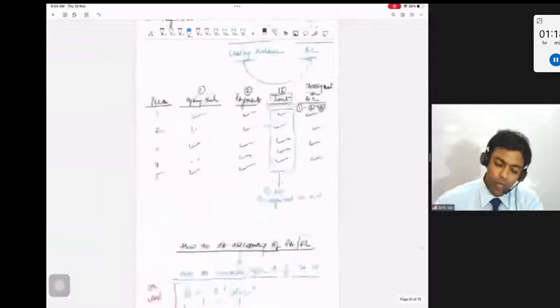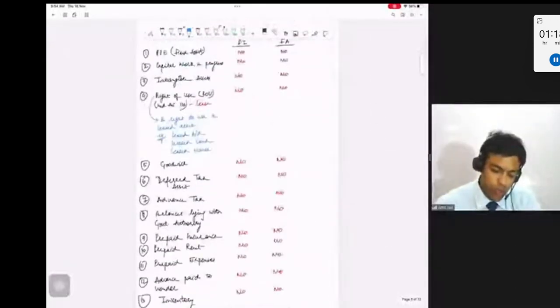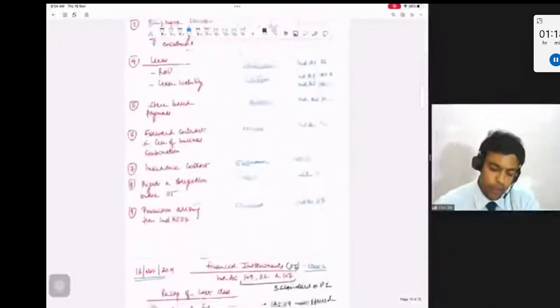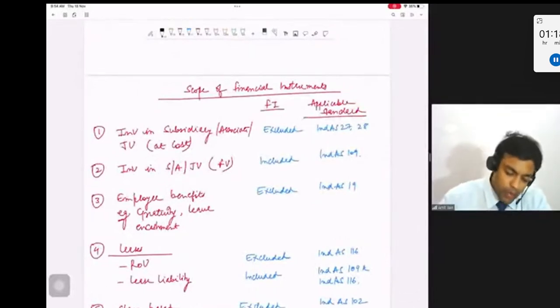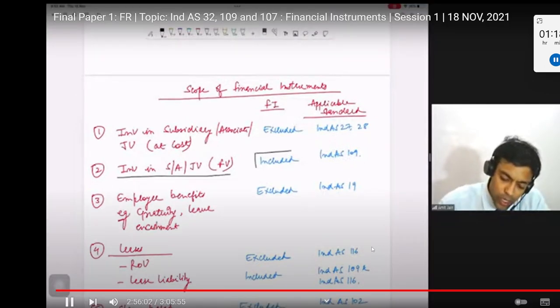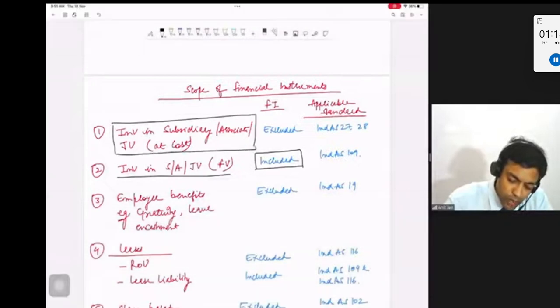If you look at the first class notes, let's go back. Let me go back to the scope paragraph, what we have written in the scope. Yes, this is the scope. Just see here what we have written. If the investment in subsidiary, associate, and JV is at fair value, then it is included in the financial instrument standard. If the investment in subsidiary and associates is recognized at cost, then it is excluded.